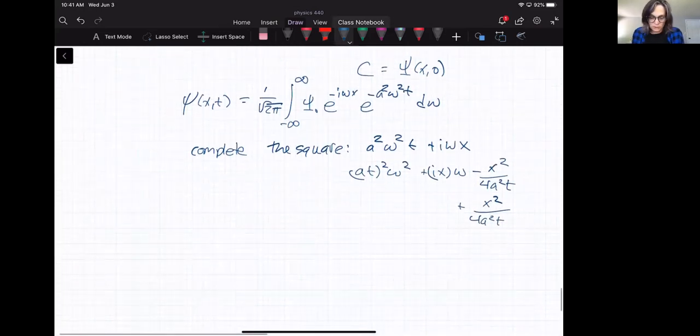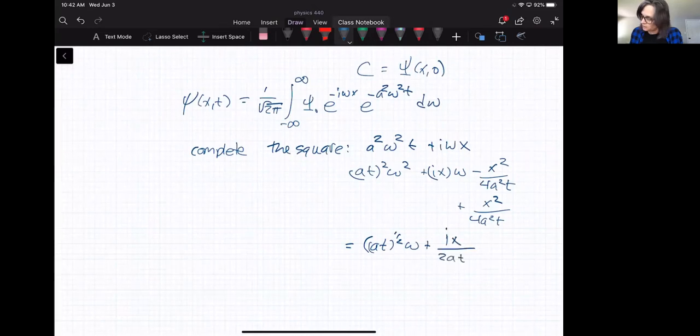That's just the completing the square part. So this should all equal (a t^(1/2) omega plus ix over 2a t^(1/2)) squared plus x squared over 4a squared t.